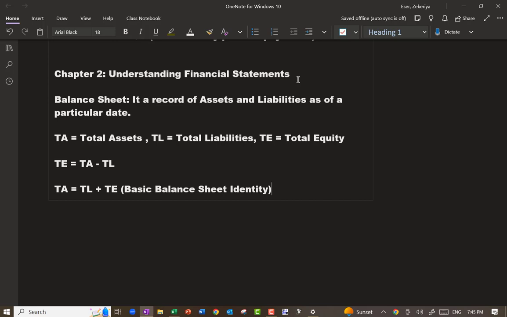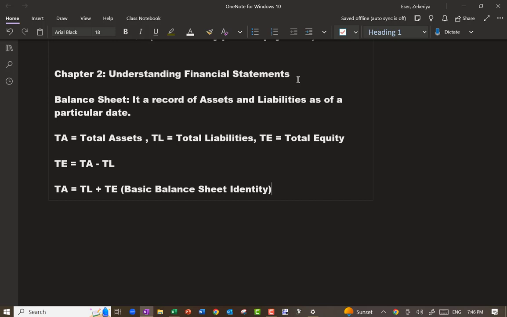Now, let's think about assets. Assets are divided into two main groups.